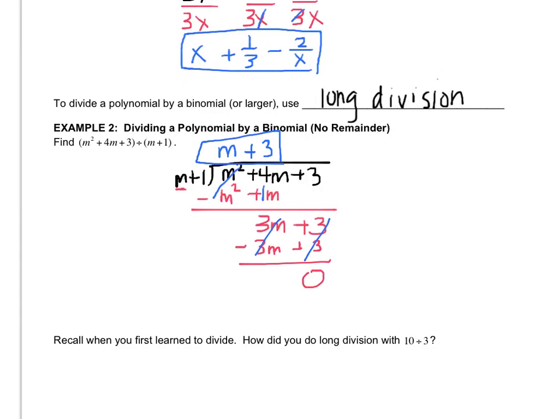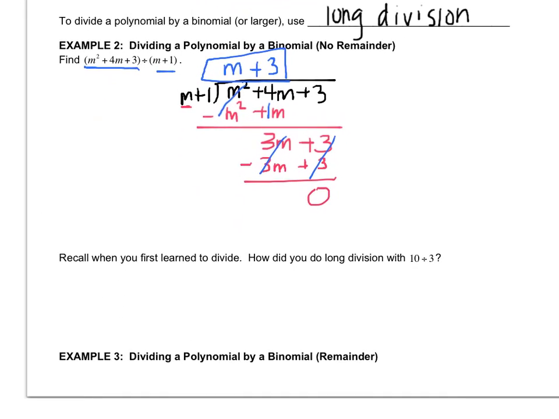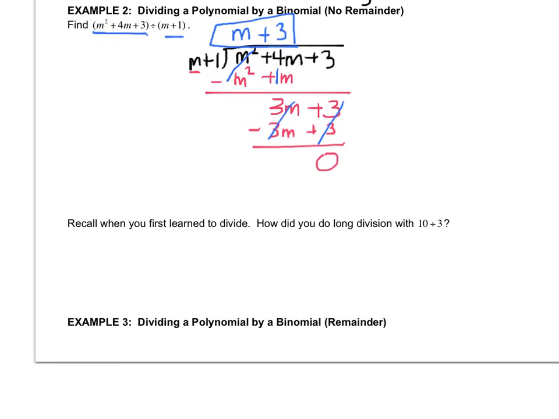Now, if there's no remainder, then technically you could have factored the trinomial, meaning that this right here is factorable by m plus 1. But if you don't see it, then this is the technique. So let's look at long division. How did you do 10 divided by 3? Well, you'd say 3 goes into 10 3 times, minus 9 is 1.